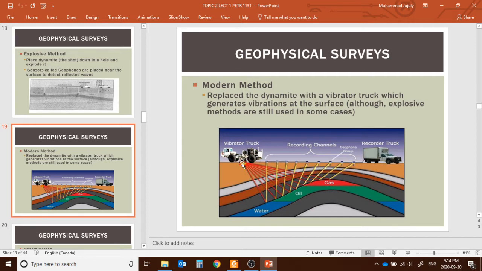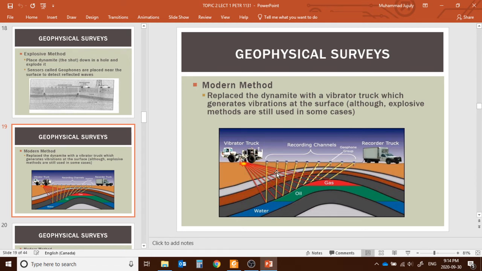So when the vibrator truck does the vibration, the signal reflects back and the geophones catch those signals, and from this signal we get an idea of the density of the material inside. For instance, gas would have the lowest density, followed by oil and water, and then rocks, like igneous rock, would have the highest density.